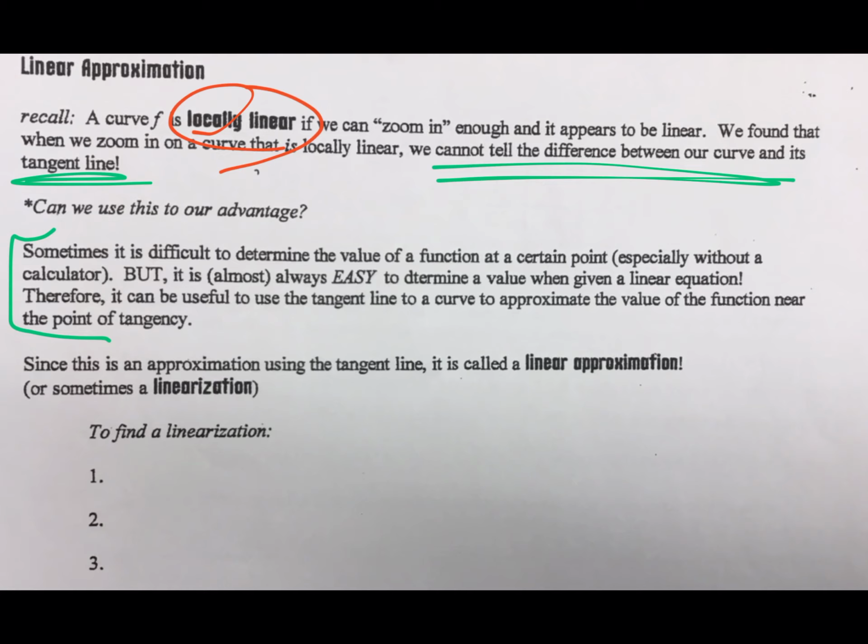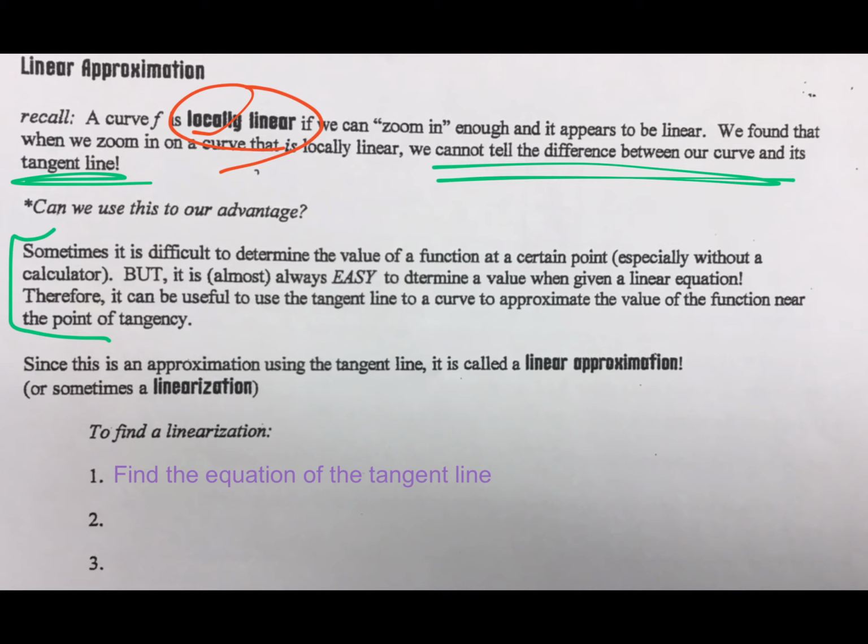There is a formula in your textbook for this. I don't know why. There's no reason to have a formula for this. It's using the equation of the tangent line. So to find a linearization, you're going to find the equation of the tangent line.